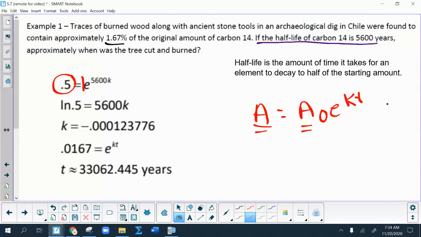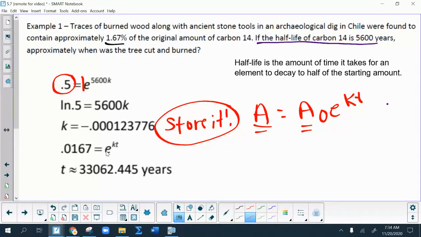So you do your natural log stuff, you get your k, and of course you're going to store it in the calculator. I'm going to remind you how to do that on another problem in just a minute, but you're going to store it. And then you can see here, I actually typed k because I know I have k stored. When I get to this spot, I have two choices.